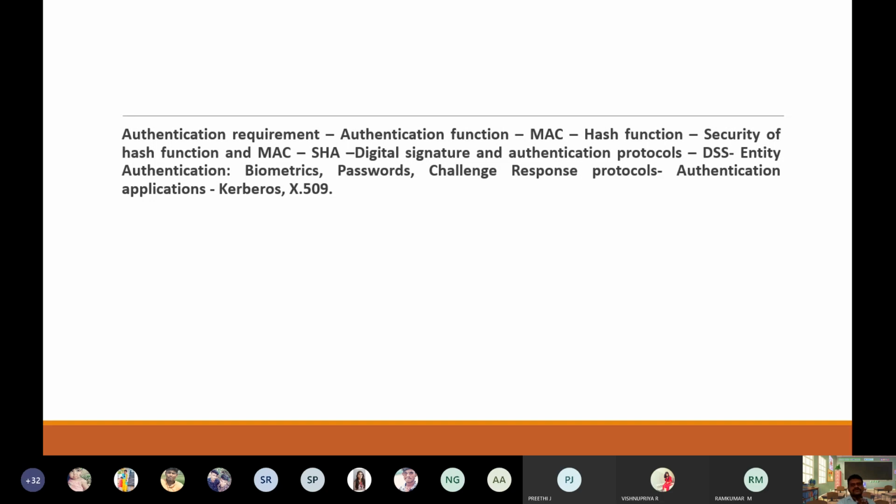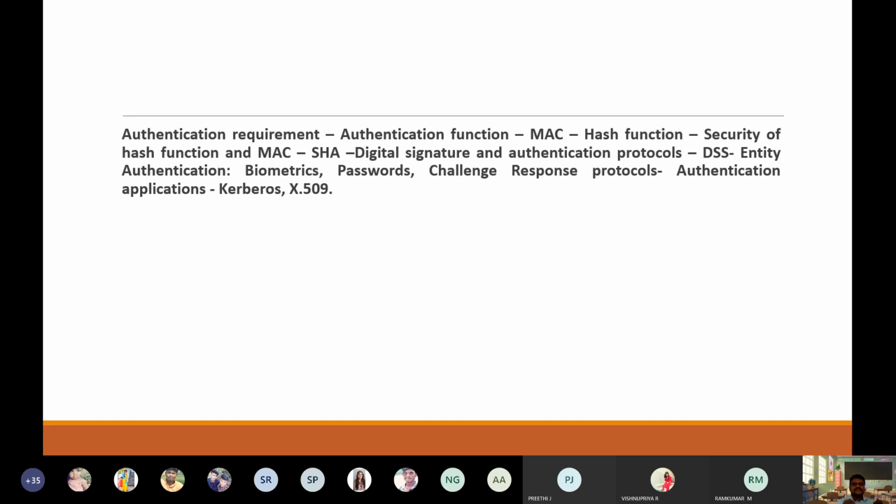Also integrity. So just remember that in our MAC function and in our hash function, there is no alteration of our plain text. There is no conversion of plain text. It just takes some plain text as an input and generates the MAC code or hash code.